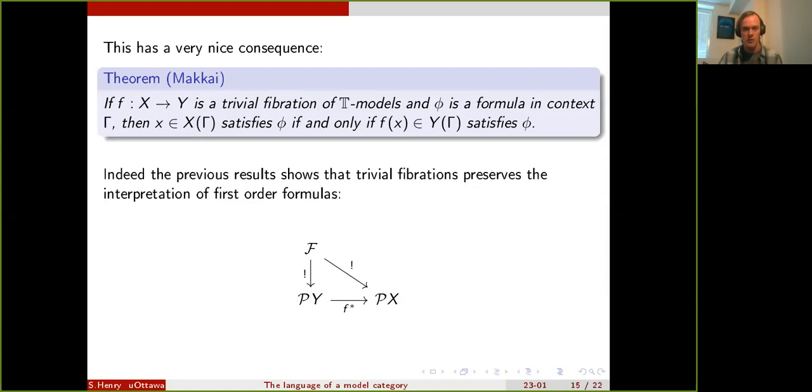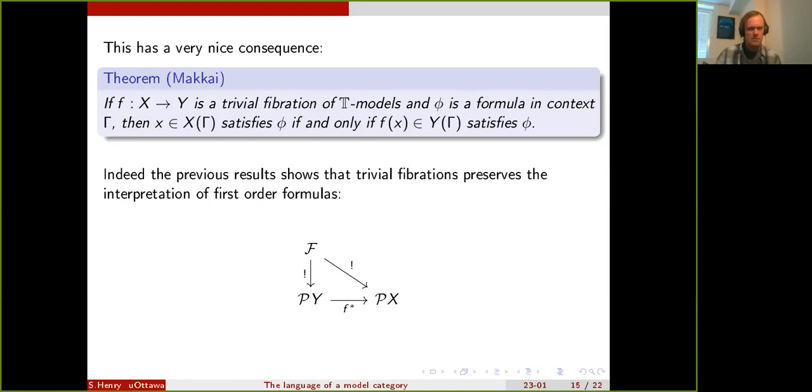If you have a morphism here, the composite of the first unique map with the morphism is again a morphism, so it is equal to the other unique map. When you look at what it means, it just says that pulling back along a trivial fibration preserves interpretation of formulas, and if you write that explicitly in terms of elements, it gives exactly the theorem above. So it's just a formal consequence of the lemma of the previous slide.